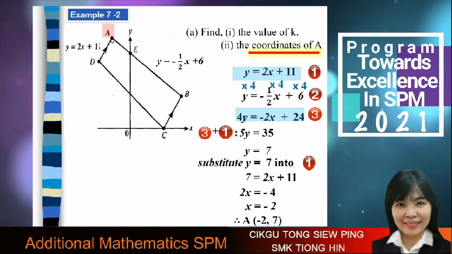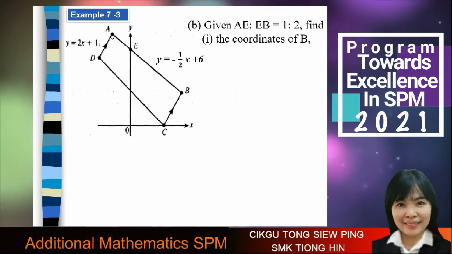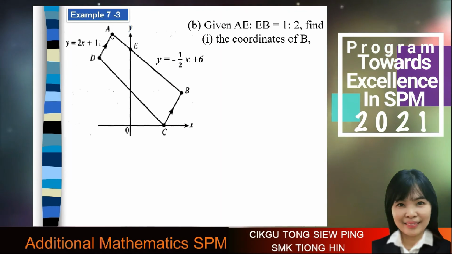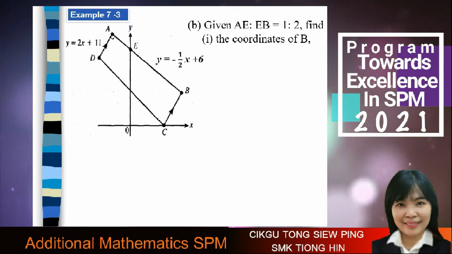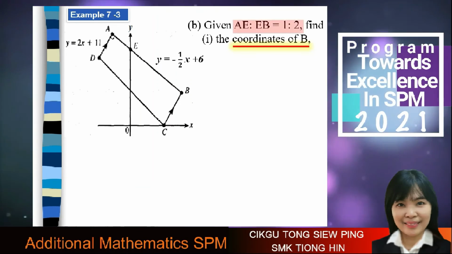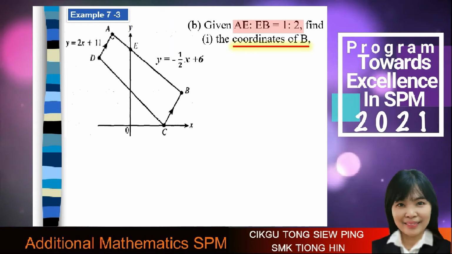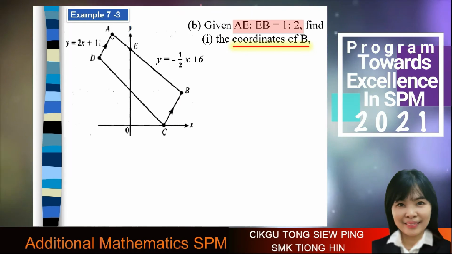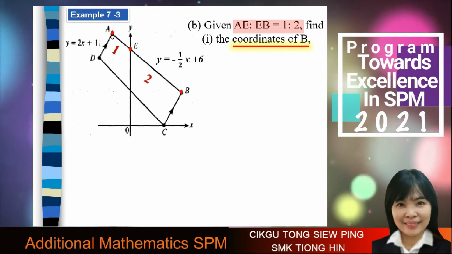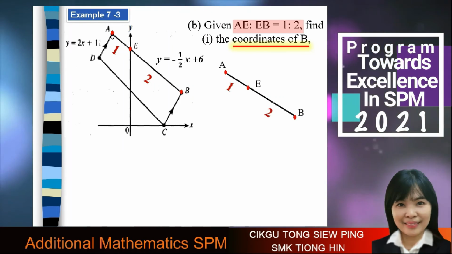Let's continue to solve for part B. Given the ratio AE to EB is 1 to 2, find the coordinates of B. From the question, we know that AE to EB is 1 to 2. Therefore, AE here is 1, EB here is 2. I redraw the diagram.